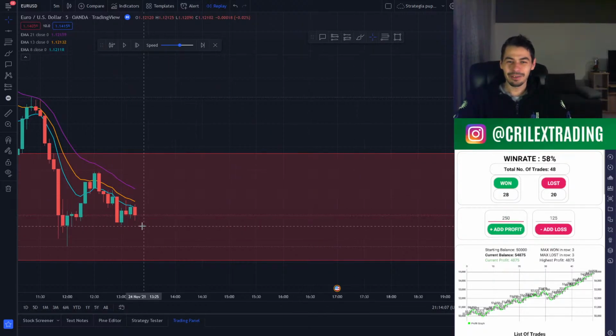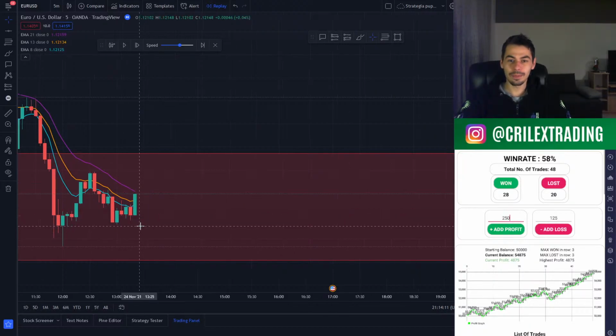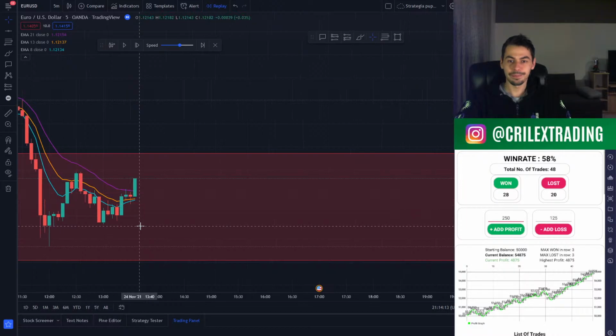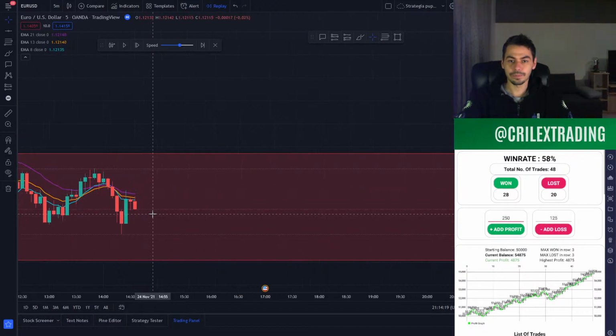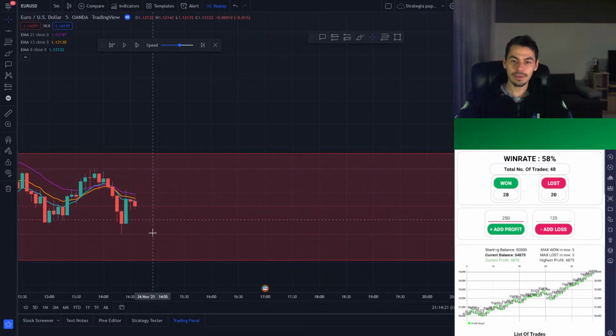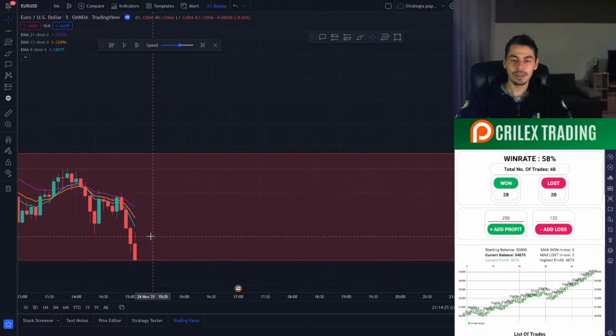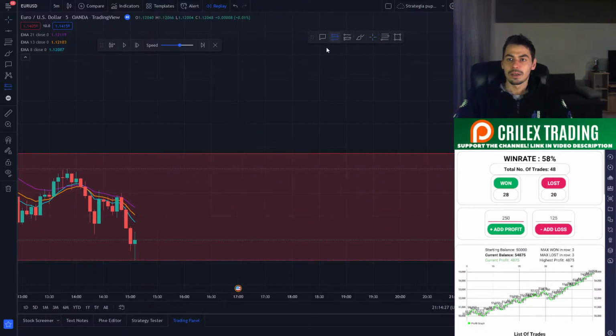Okay, so we have another trigger right here. If the price goes to this level, we will be in a sell order. Not anymore. The position gets invalidated, so moving on. Again, if the price goes below this wick, we will be in a sell position, and it does. So we get triggered right here.